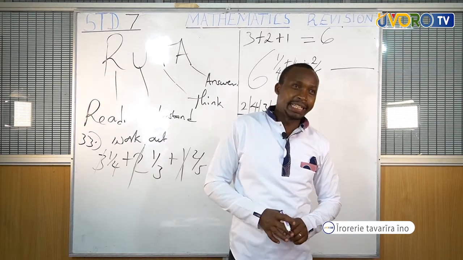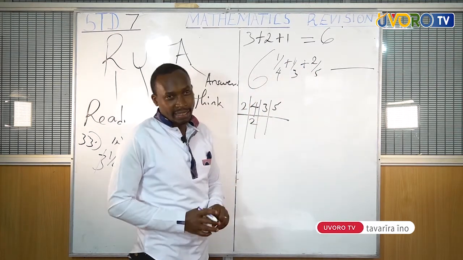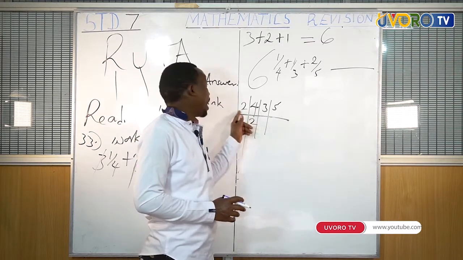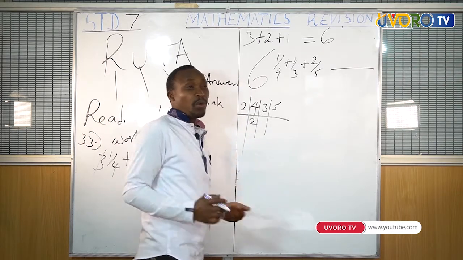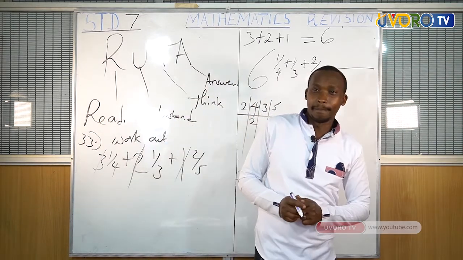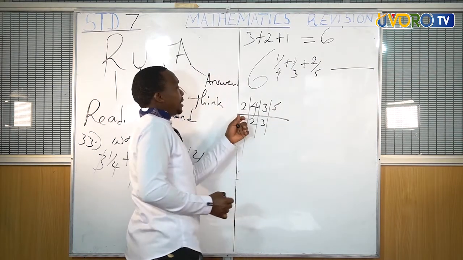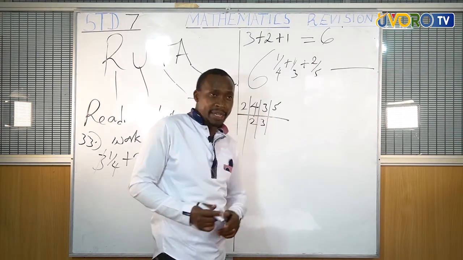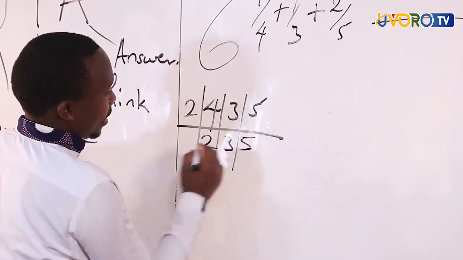Somebody is saying 6. We are dividing: 2 times what equals 3? Not 2 times 3. It can't. Very good. So what do we do? We drop that number. Now, what happens to 2 divided by 5 again? We also drop it.